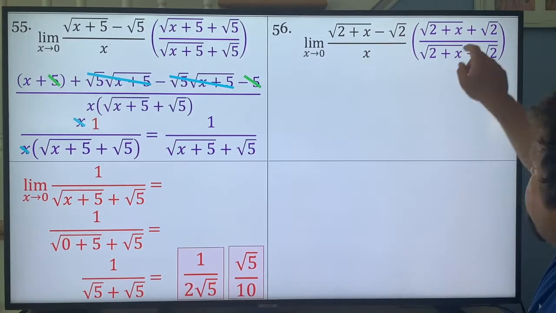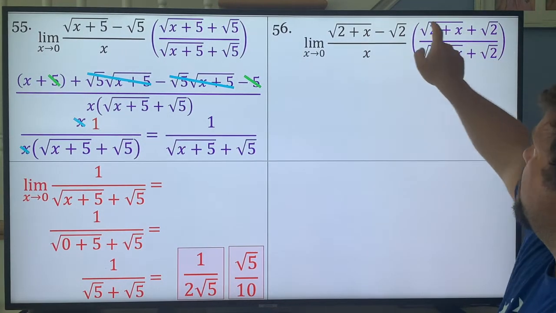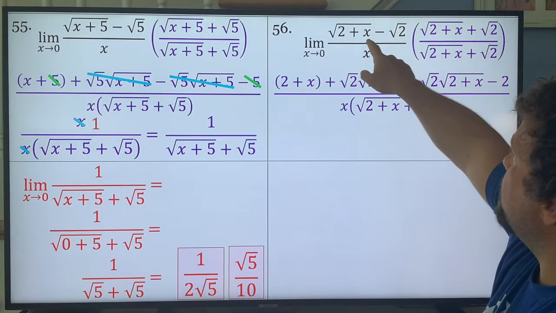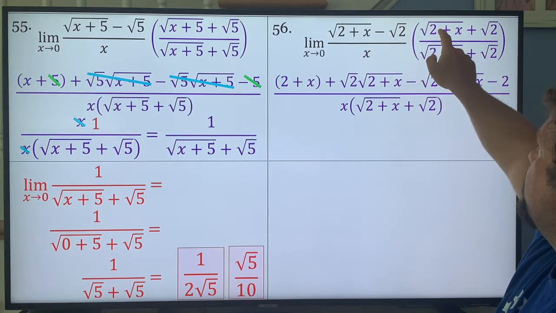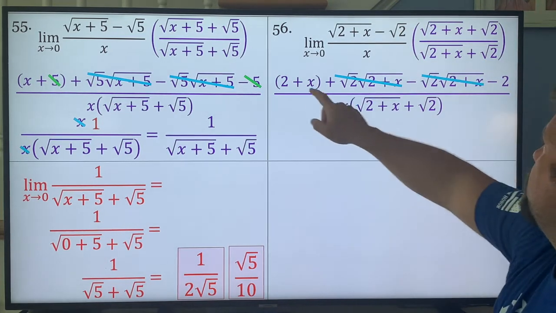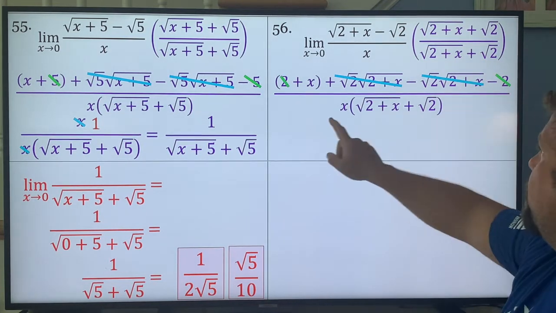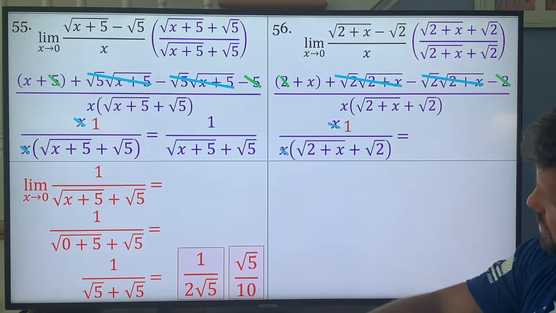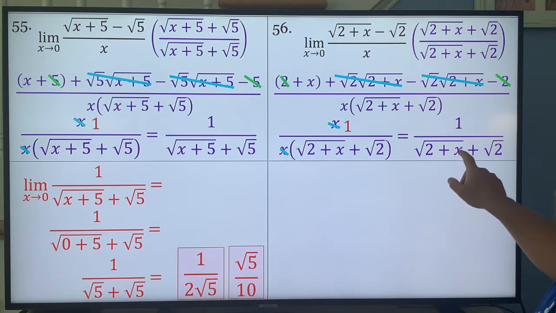All right, let's look at this one. Plus, so 2 plus x, radical 2 times radical 2 plus x, minus radical 2 plus x. Middles cancel out. Radical 2 squared is 2. 2 minus 2 cancels out, leaving x over x, radical 2 plus x, radical 2. X's cancel out. Plug in my 0.